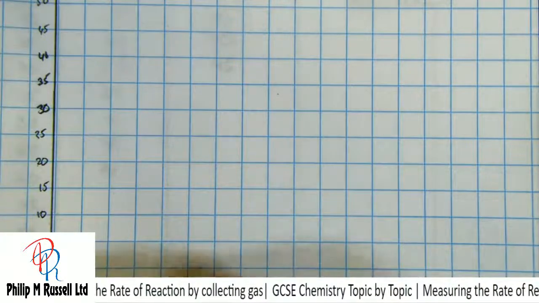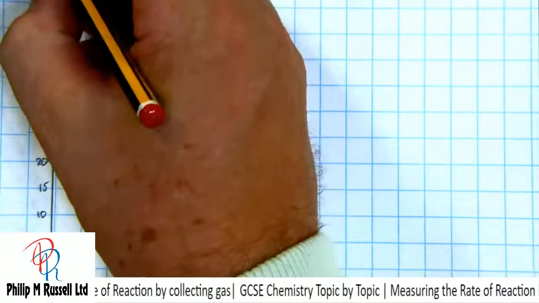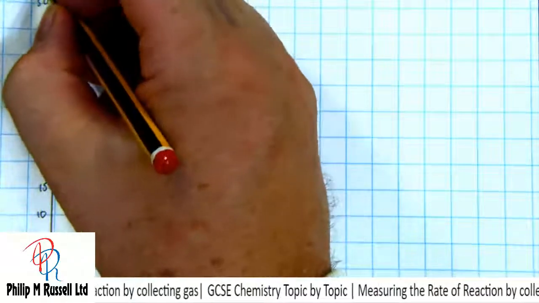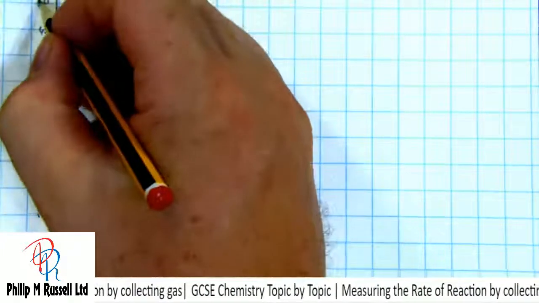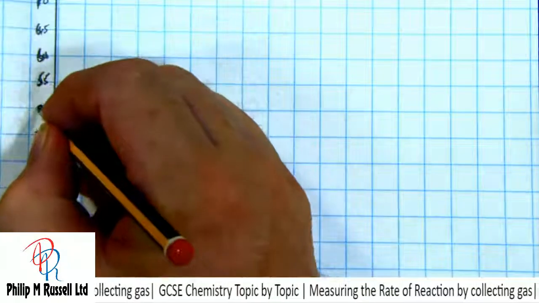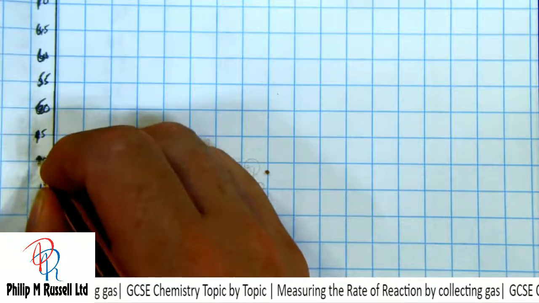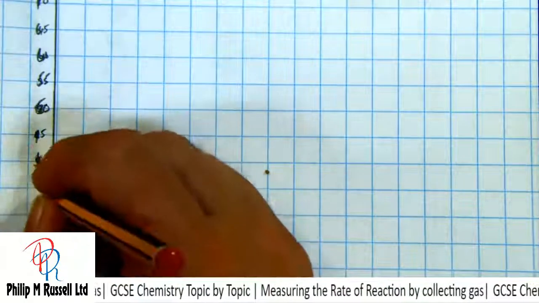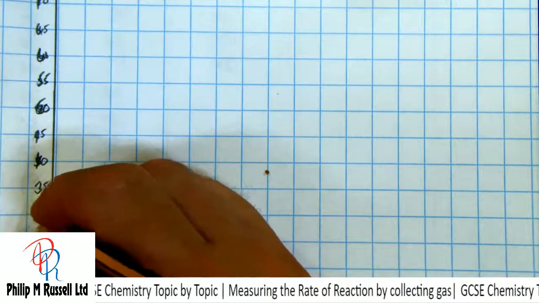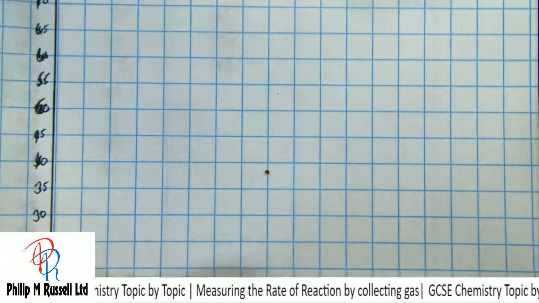Well, 100, 95, 90, 85, 80, and then that's going to give me 75, 70, 65, 60, 55, 50, 45, 40, and then we'll go 35, 30, 25, 20, 15, 10, 5 and 0.